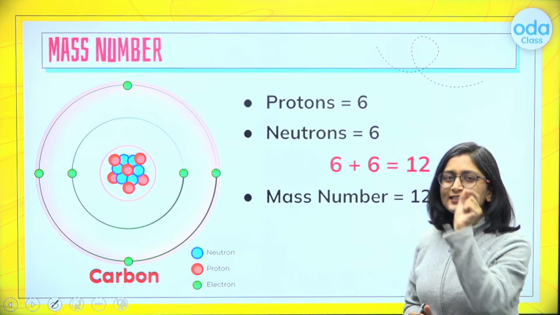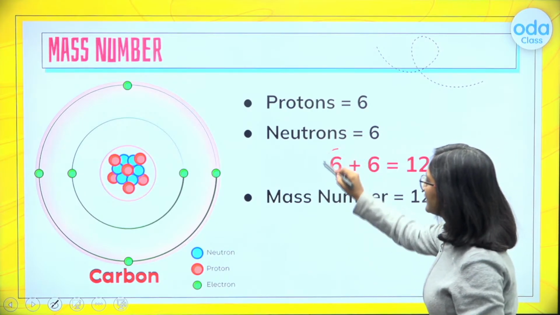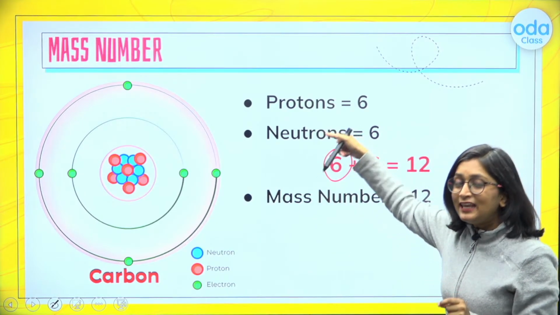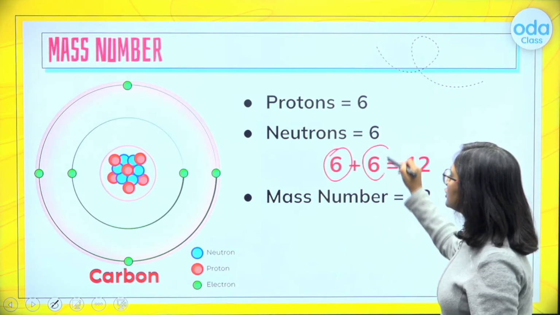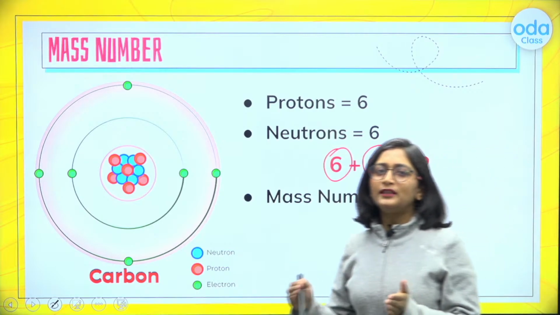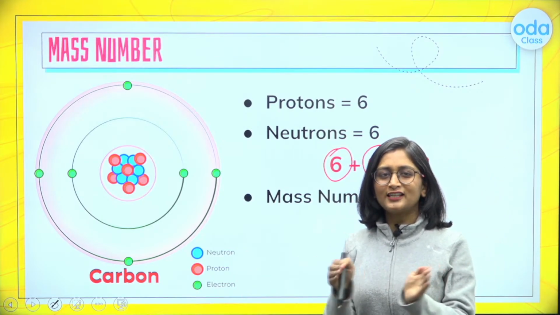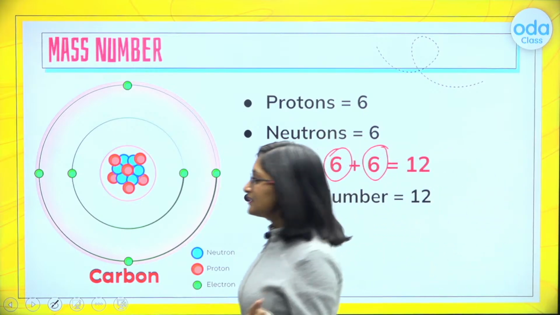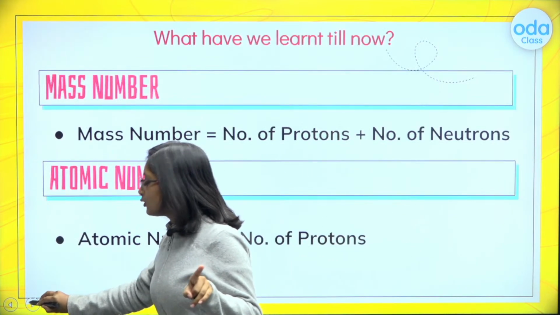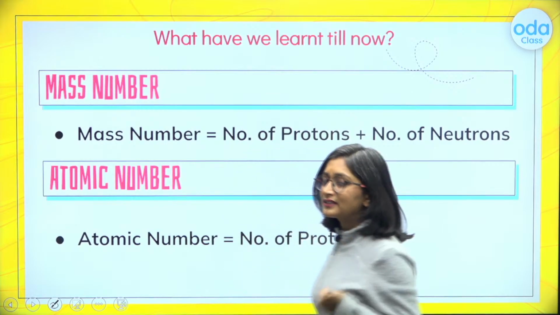So there are 6 protons. Given there, the number of neutrons is also 6. And thus we can say, what would be the mass number? Sum of both. 6 plus 6, that goes 12. Now, how these are related with the concept of isotope, you will get to know about this.